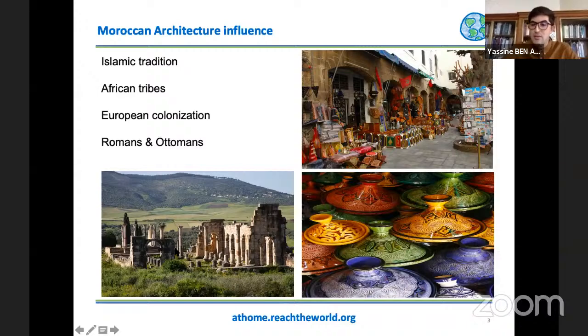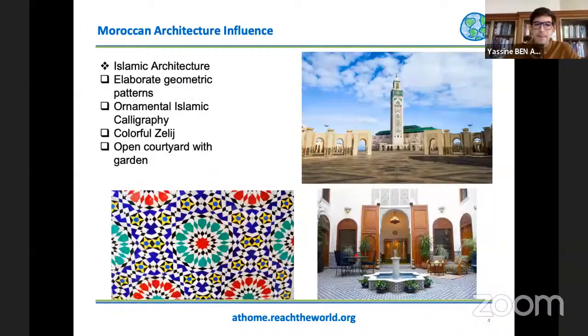You can see it now. A lot of tourists go to that place to visit it and see the architecture of the Romans. Also, if you go to old cities, you can notice and touch the architecture of colonization and Islamic tradition, especially in mosques.